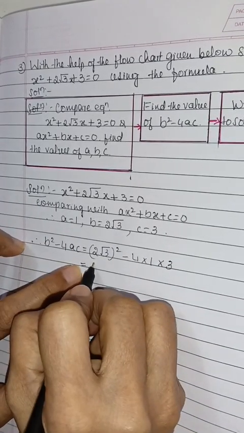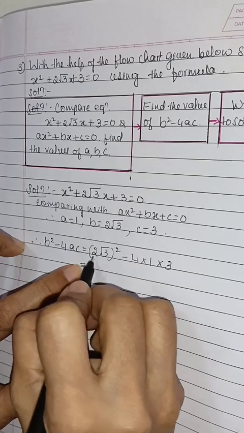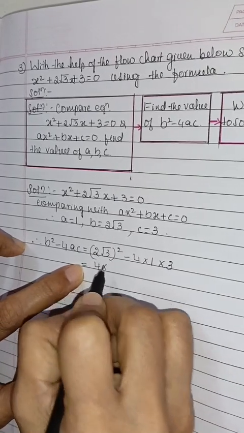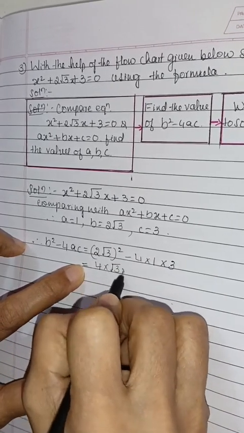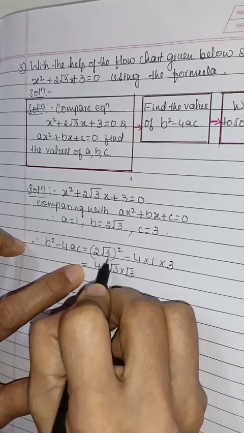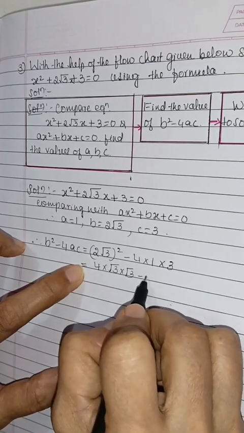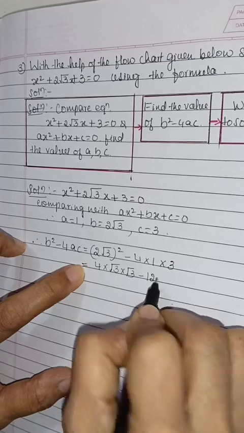Therefore here, 2 2s are 4, square means 2 2s are 4, multiplied by root 3 multiplied by root 3. This is square, no? So 4 3s are 12.